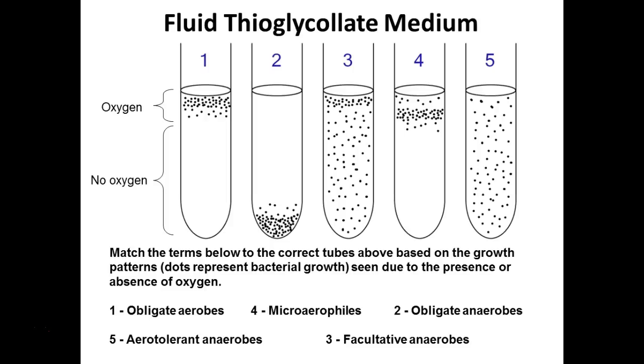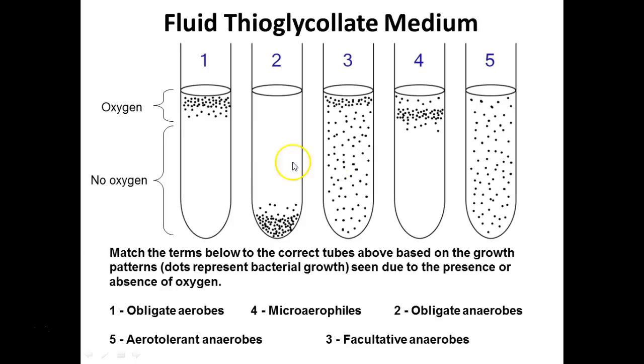So as you can imagine in the lab, what type of environment do we have in the lab? Or in this room for that matter? It's aerobic. So who is going to grow in our lab or in this classroom? Obligate aerobes and 2 more. Will 2 grow?